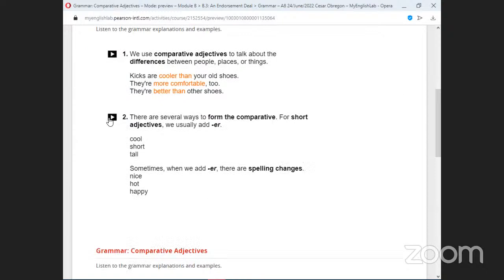Okay. Number two. There are several ways to form the comparative. For short adjectives, we usually add -er. Cool, cooler. Short, shorter. Tall, taller. Sometimes when we add -er, there are spelling changes. Nice, nicer.